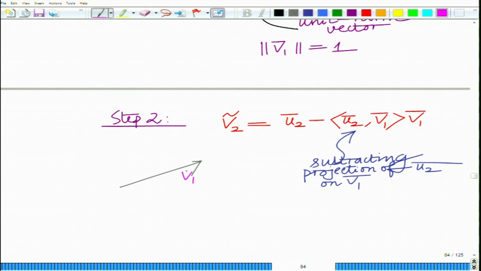let us say this is v1 bar, and now you have this vector u2 bar, and this can be represented as the sum of two components. One is the projection, which we can term the parallel component, and you can write it as u2 bar P, and the other is the perpendicular component, which can be written as u2 bar perp.